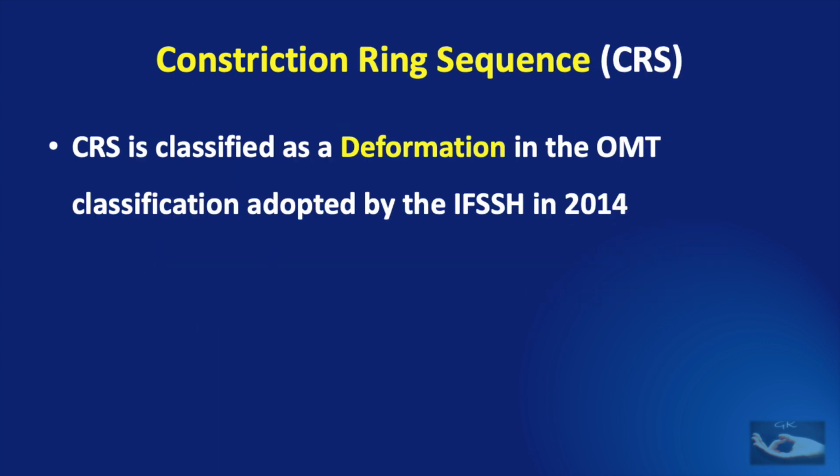This condition has been classified as constriction ring sequence, as a deformation in the OMT classification adopted by the IFSSH in 2014. You can click on the link above to see a more detailed description of this classification system.